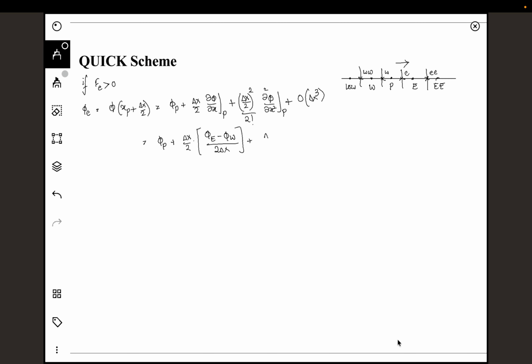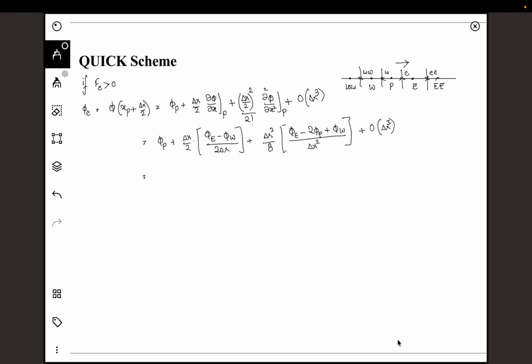So this will become delta x square by 4 times 2 is 8, del square phi del x square at P. We can use again a central difference. So this will become phi east minus 2 phi P plus phi west by delta x square. So the overall accuracy will be third order.